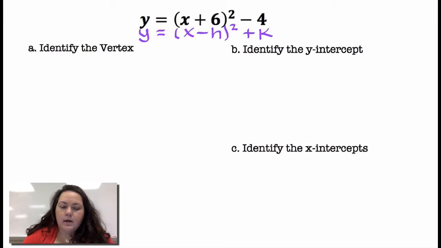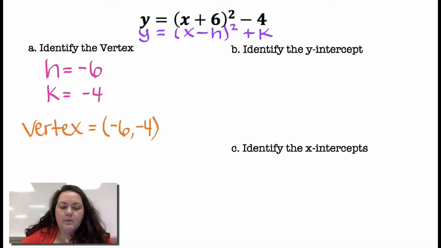If I put vertex form right below it, the vertex is (h, k). The h is minus h, but this says plus 6 there, so the h must be negative 6. And k has plus k, but that says minus 4, so k must be negative 4. So my vertex is (negative 6, negative 4).